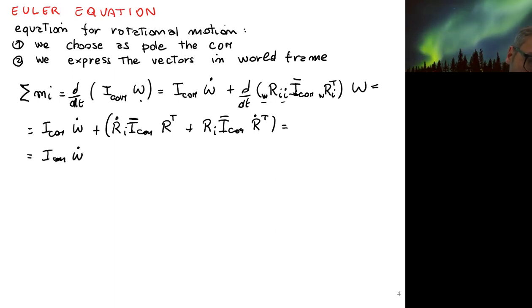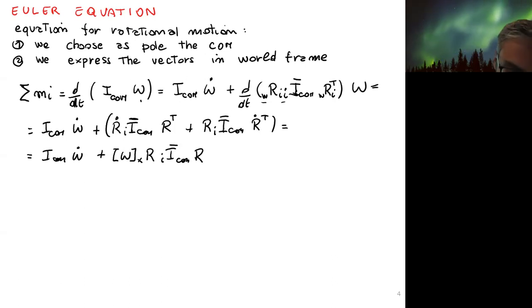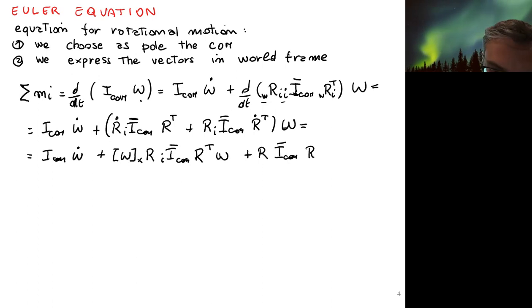Now we copy this, and we replace R dot with omega cross R. We have the constant tensor of inertia in the link frame, and we have, sorry, this is missing omega, R transpose omega, plus R ICOM, and R dot transpose is R transpose omega cross transpose times omega again.